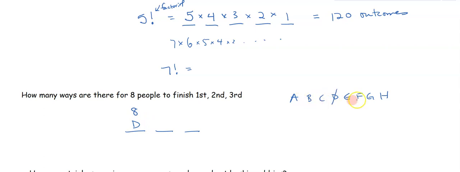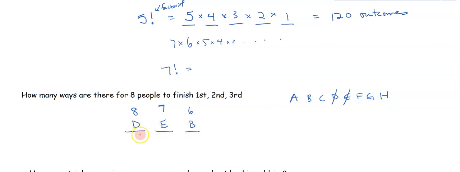Now how many options do we have? Oh, we have 7 options, right? So let's pretend it's E who finished next, but there were 7 different people who could have finished next. And so E is gone. Now we have 1, 2, 3, 4, 5, 6 options, right? And it could be any one of those 6. I don't know, like B, for example.